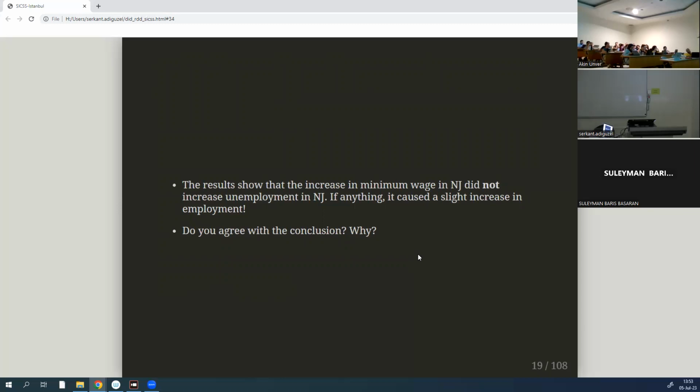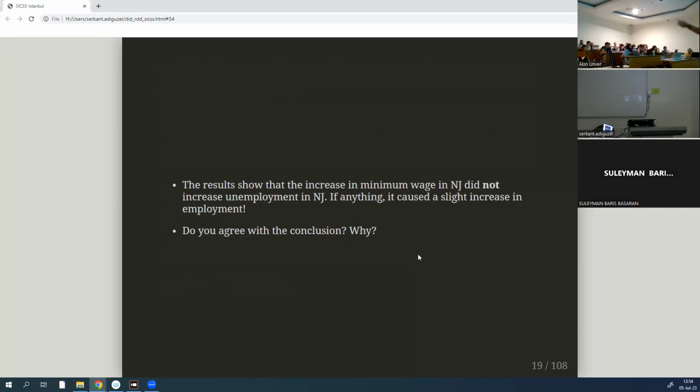So a difference in means, and I found that it's around 5%. Do you believe that this is because of minimum wage, but nothing else? No, right? Why? Because there are millions of other factors that could explain the difference between these two states, right? A simple comparison is not enough to conclude that it's because of minimum wage.